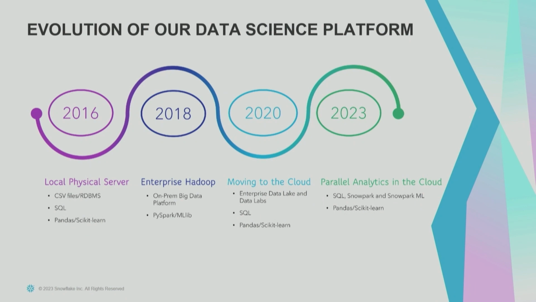So about 8 years ago, all our data science work was typically done on local physical servers. Then with the advent of Hadoop, we established an enterprise Hadoop cluster on-premise, where the data scientists leveraged a lot of Spark clusters and some of the more unstructured data. Then, back in 2020, we took an enterprise decision of moving to the cloud, where we established an enterprise data lake, along with the concept of data science data labs.